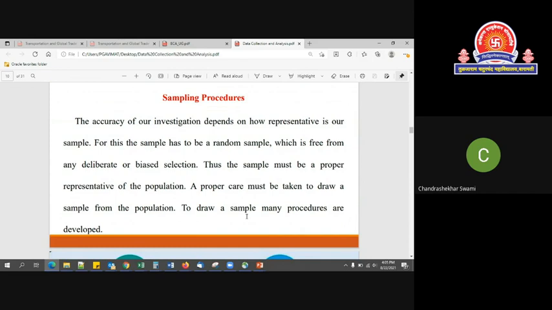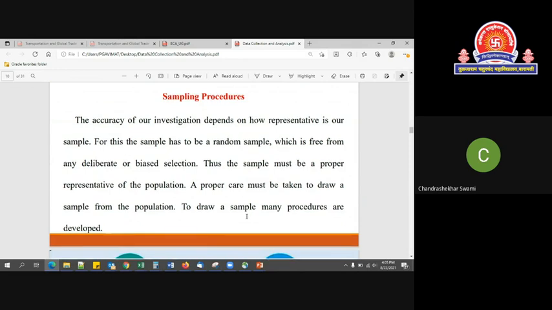Thus the sample must be a proper representative of the population. Proper care must be taken to draw a sample from the population. To draw a sample, many procedures have been developed.